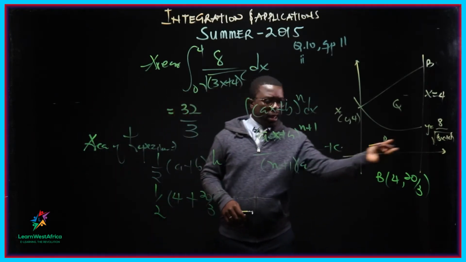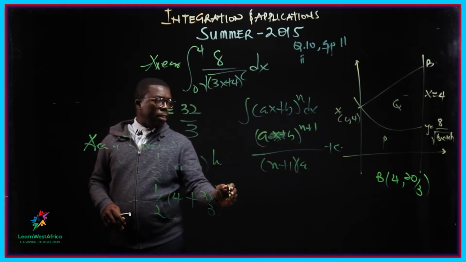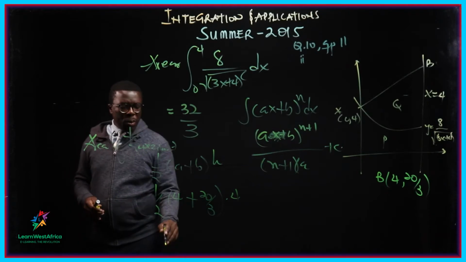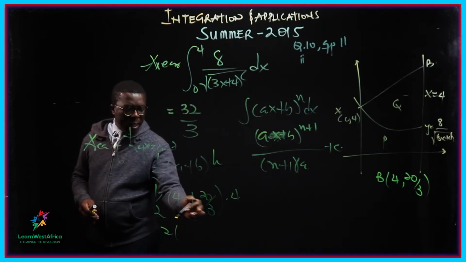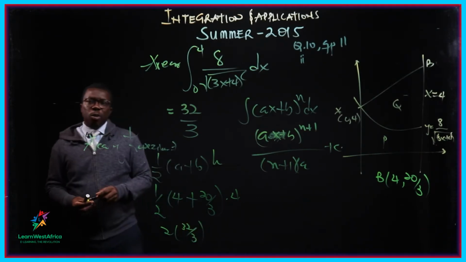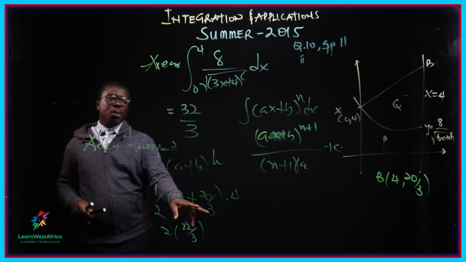The height is going to be 4. Hope you are fine. So when we deal with that, we should get 2 into brackets, that's 12, so you're going to get 32 over 3.